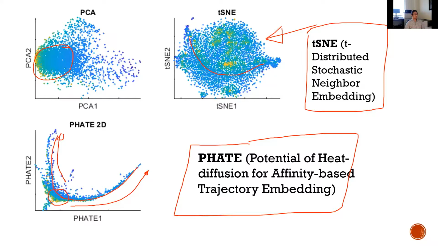So there are some very well suited fields for PHATE to be applied. Again, you see you can use different visualization algorithms and get different results, even though your input is the same.